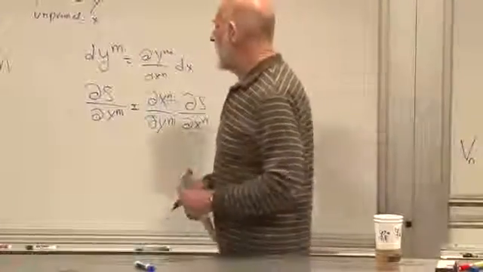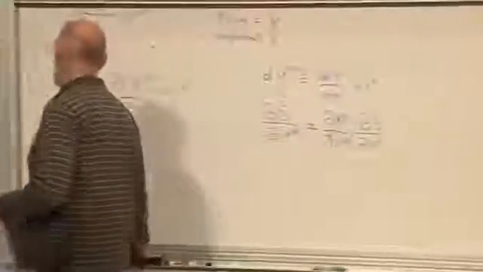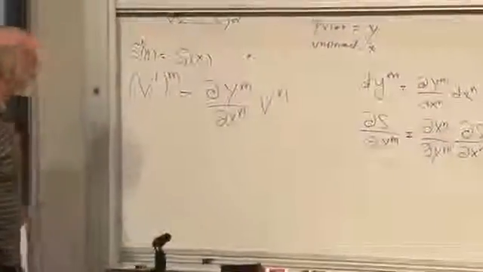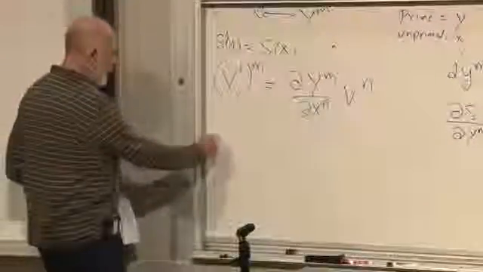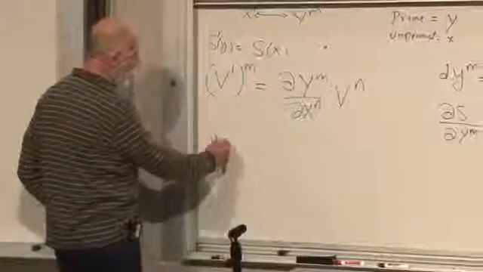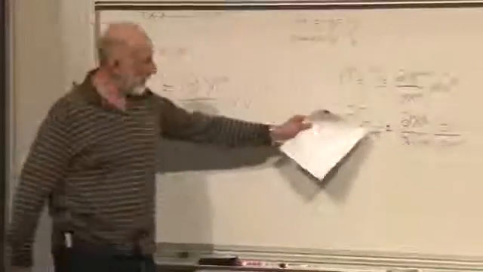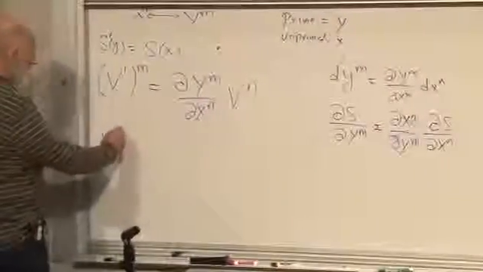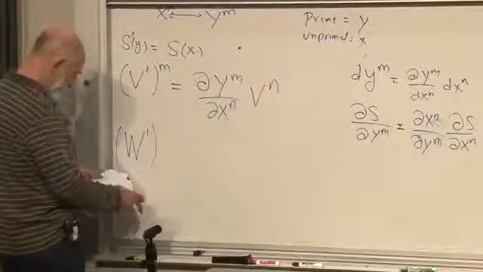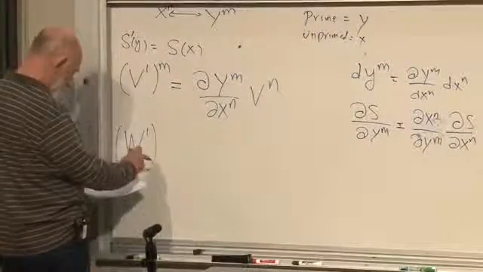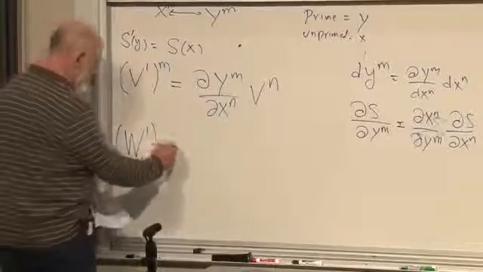All right, so this is the transformation properties of a covariant object, and the corresponding thing for contravariant would be the analog of this, W prime m.